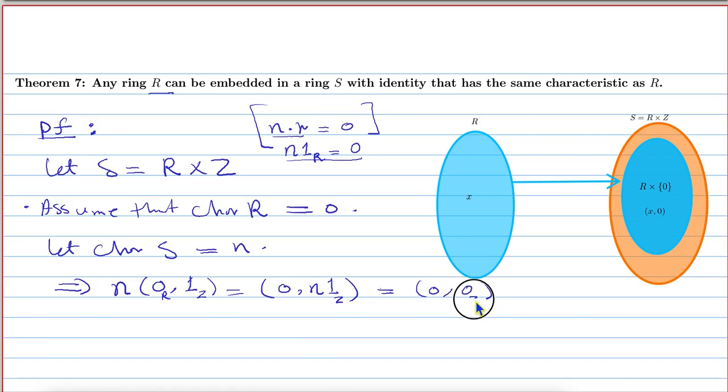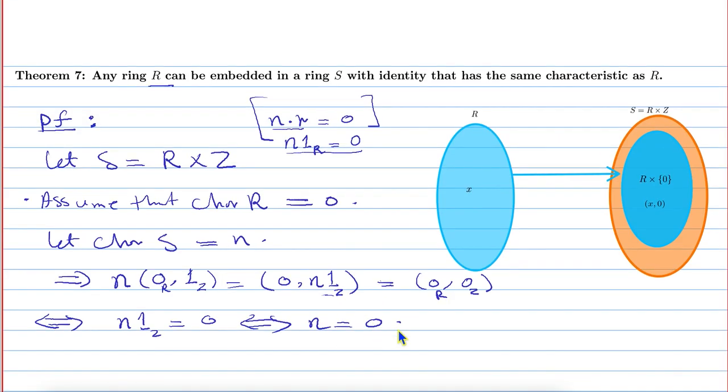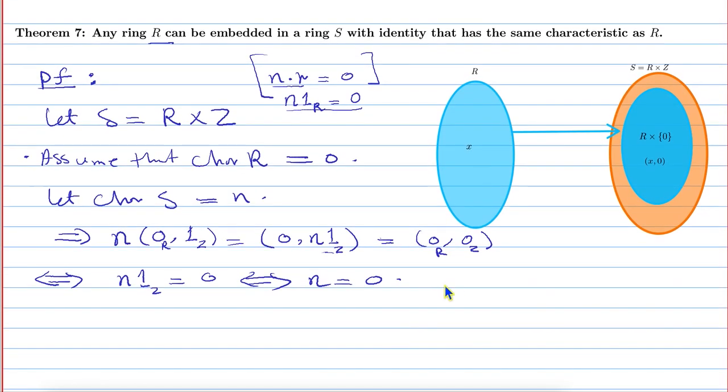This is the 0 of Z and this is the 0 of R. But this is possible if and only if N 1Z equals 0, and this is possible if and only if N equals 0. So in this case, we conclude that characteristic of R equals the characteristic of S if it is 0.